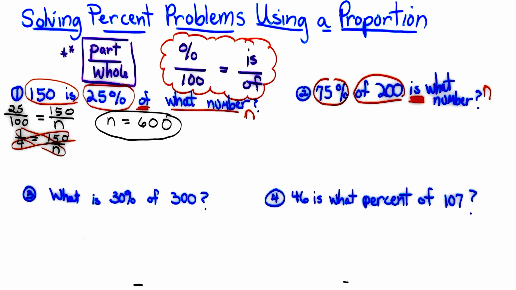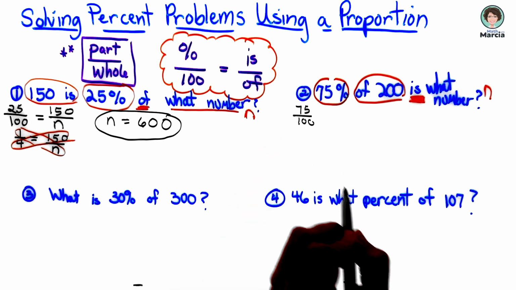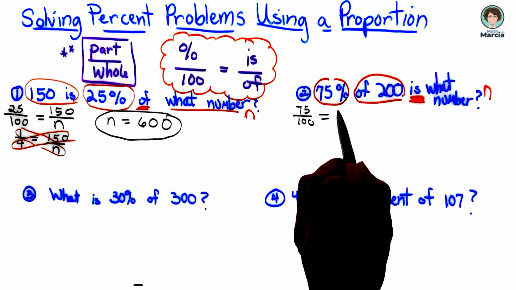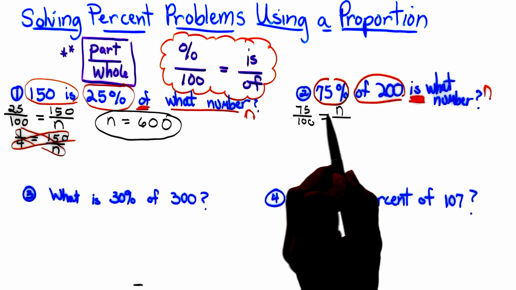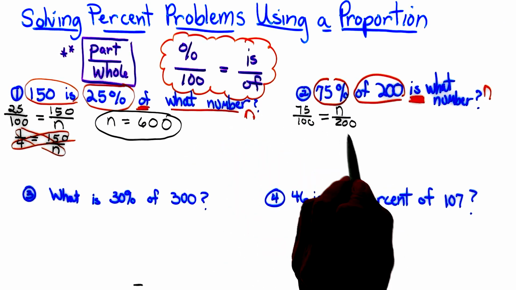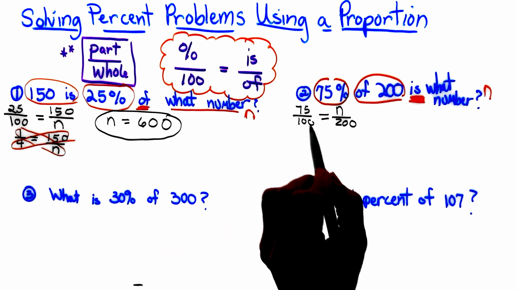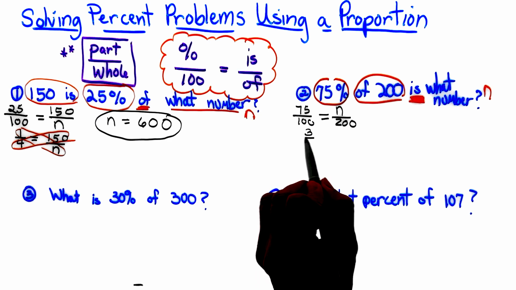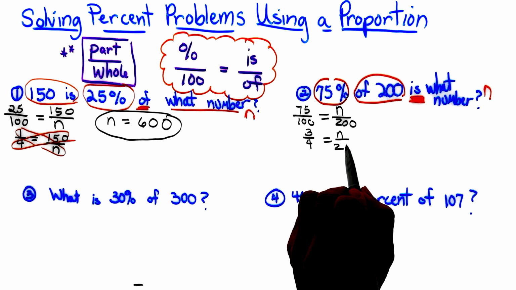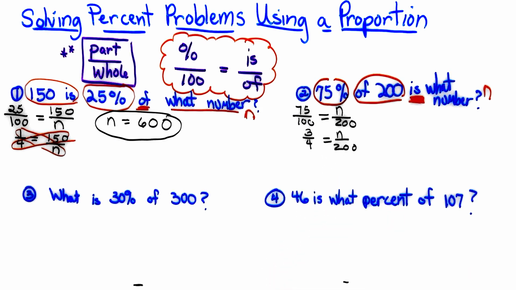All right, setting up the problem. 75 over 100 is equal to our "is," we do not know this time, here's our number, our "of" is 200. So again, I don't want to have to deal with such large numbers. I know I can divide both of these by 25, so I end up with 3/4 is equal to n over 200. And now we will do our cross products.